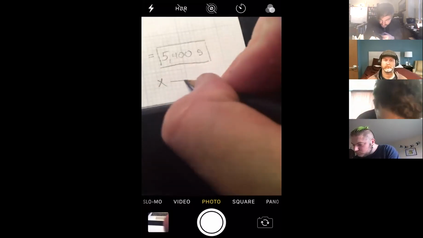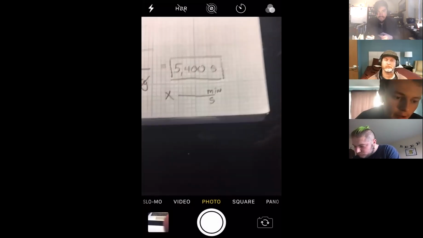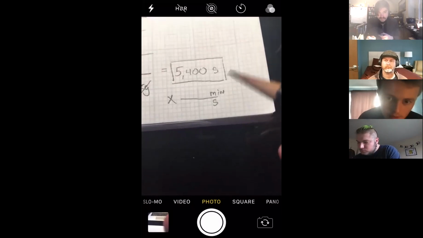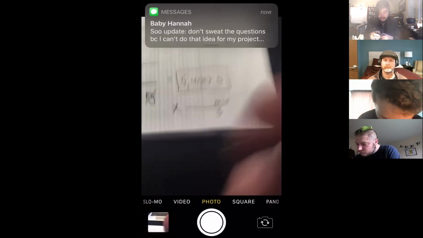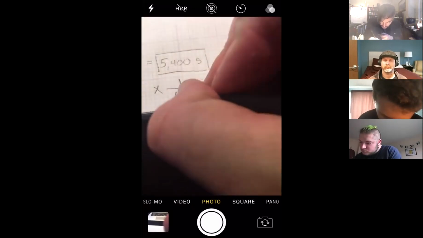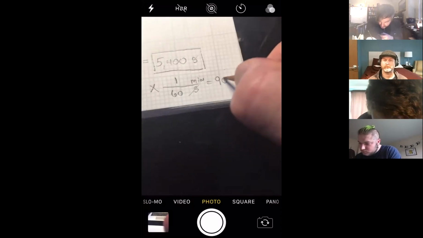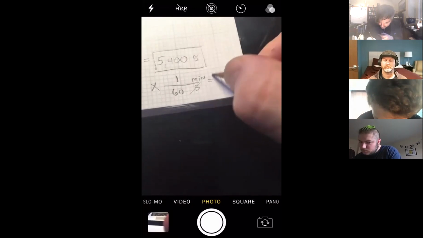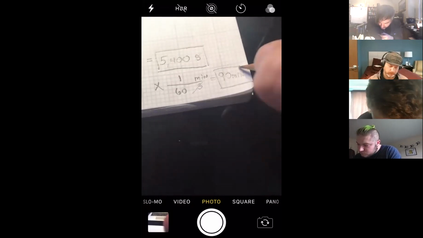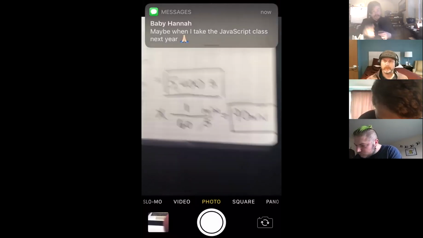How many minutes is that, students? What's the conversion to go from seconds to minutes? 1 minute is 60 seconds. And that, someone pointed out, is 90 minutes. That's how often the ISS goes overhead.